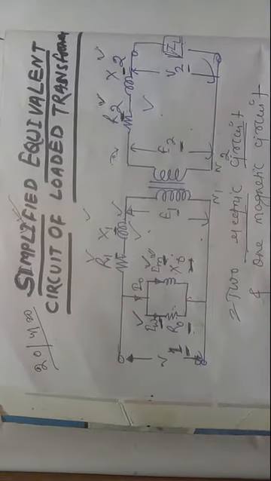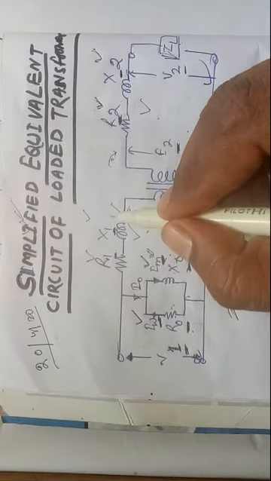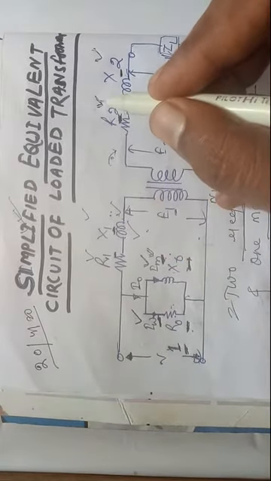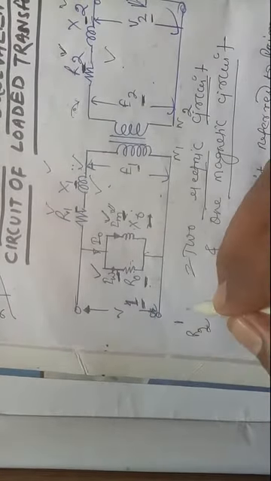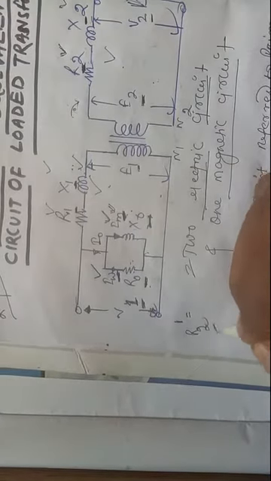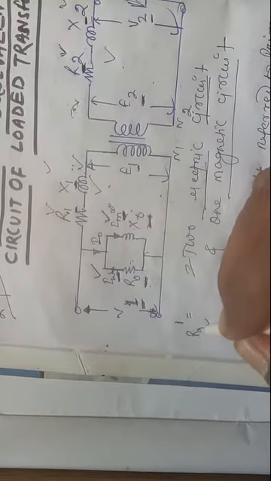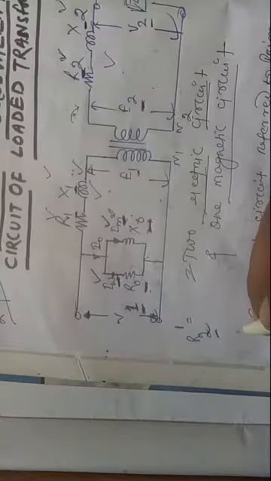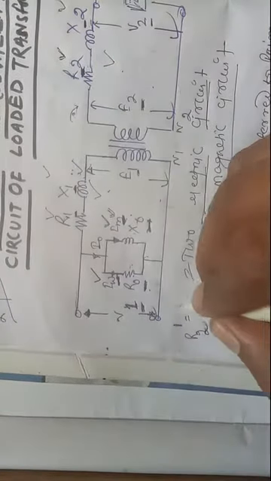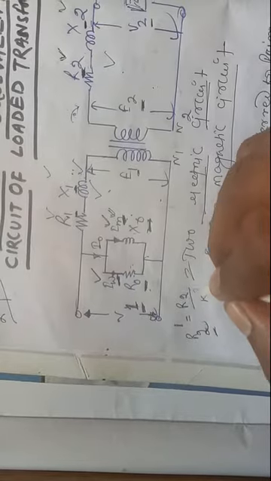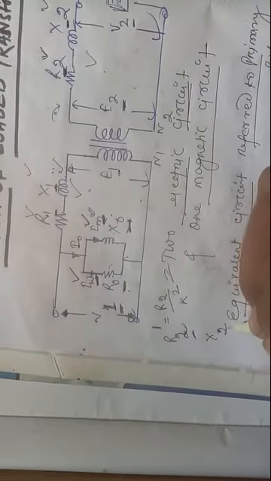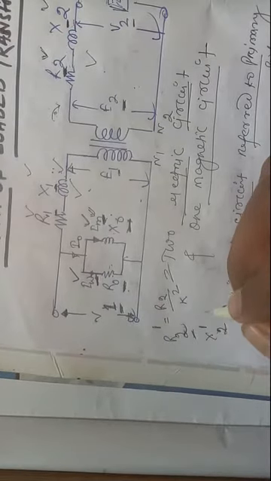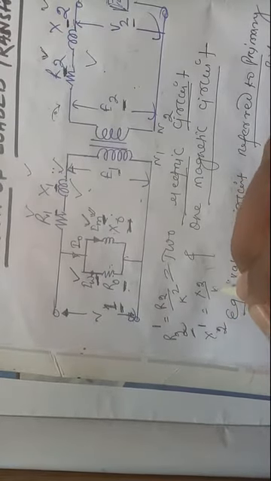When R2 is shifted to primary, it becomes R2 dash, which is the usual notation, equal to R2 divided by K square. Similarly, the secondary reactance X2 when shifted to the primary side becomes X2 dash, equal to X2 by K square.